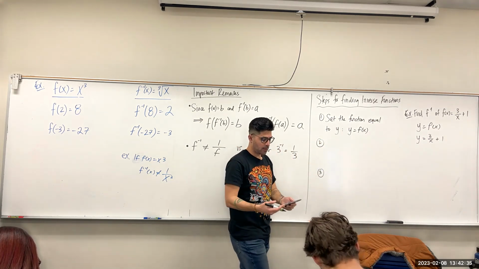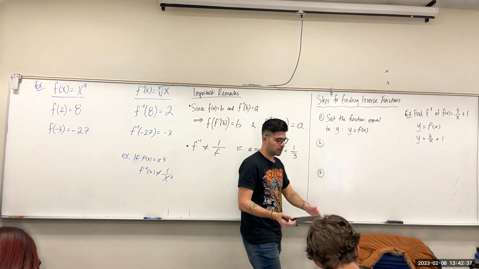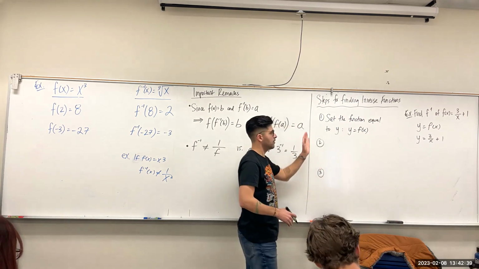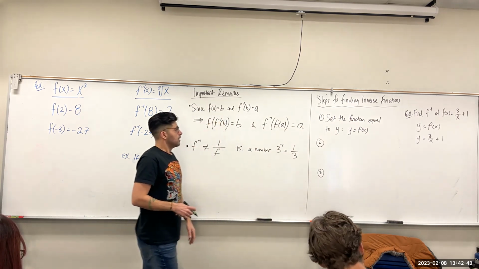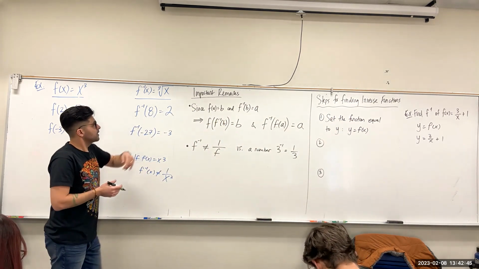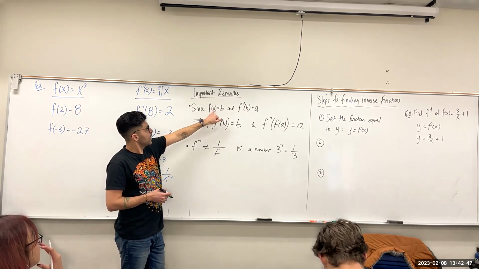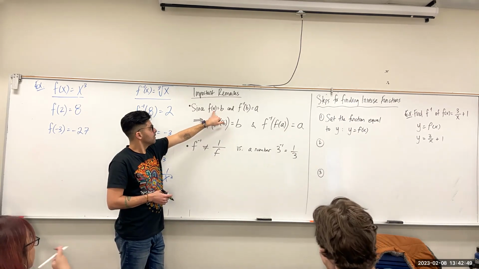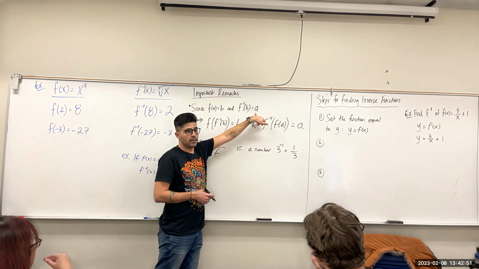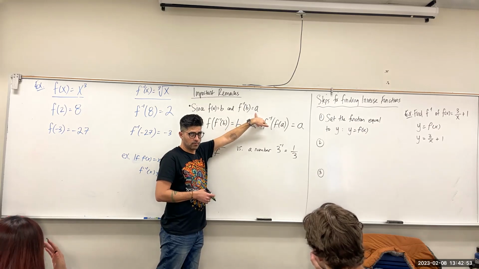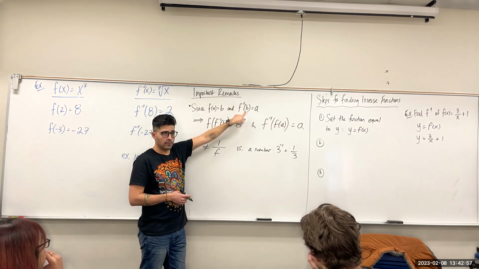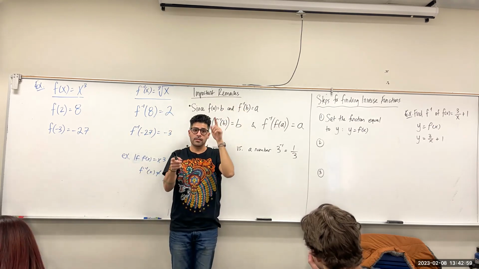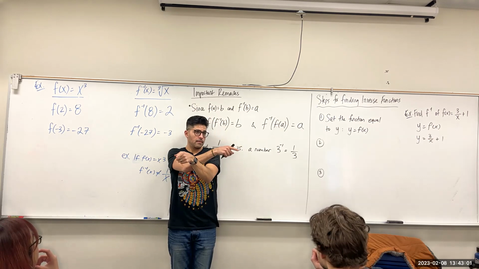The next part is where some textbooks could differ. Also, if you covered this in a past class, it might be a little different. But the point is that whatever you input into f becomes the output for the inverse, and whatever you output for f becomes the input for the inverse. So the x's and the y's swap.